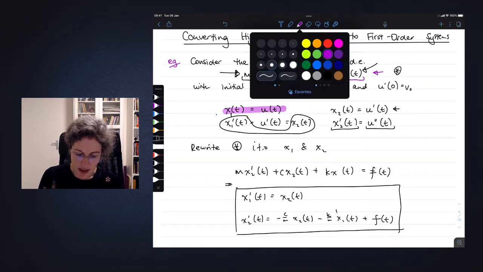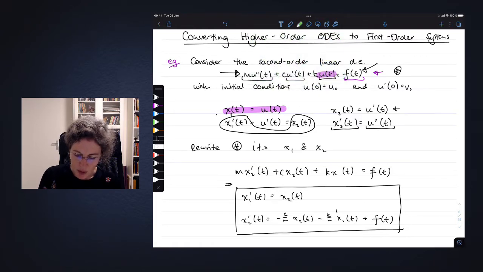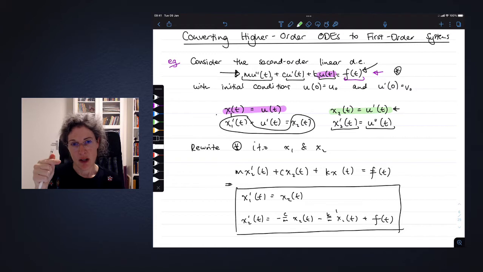And then the second thing that we did was we defined a second variable, which was the first derivative of the original variable. And if you were looking at a third order differential equation, then you could define a third new variable, which was the second derivative of the original variable. And then you'd find that you have a system of three differential equations. So you could really simplify things down.